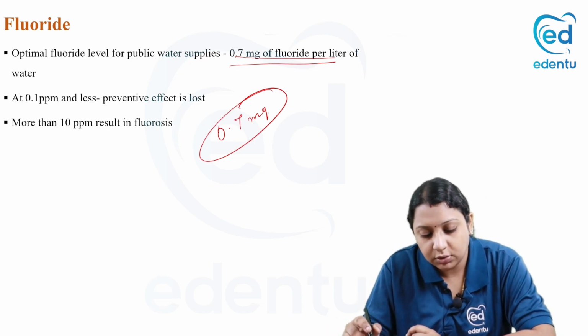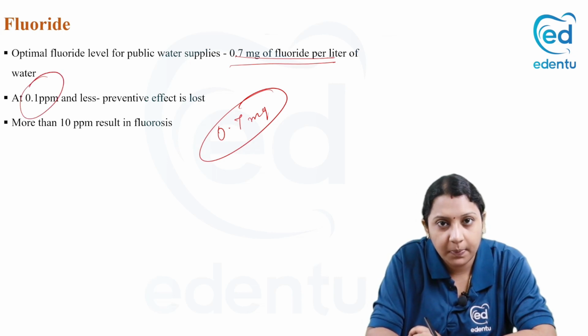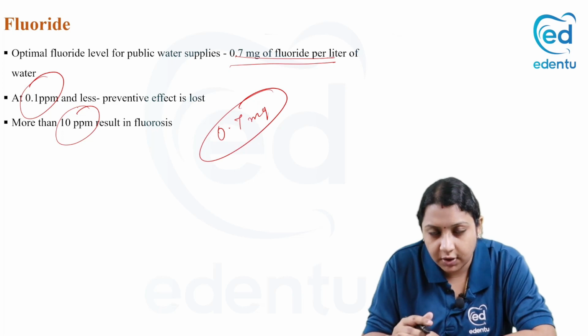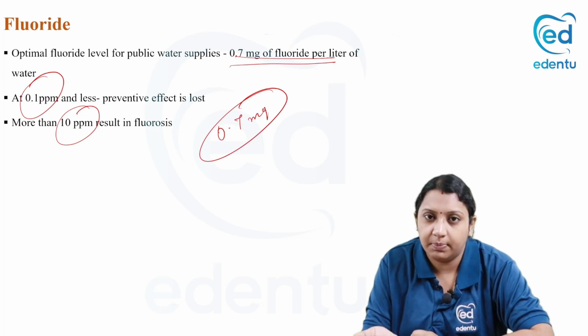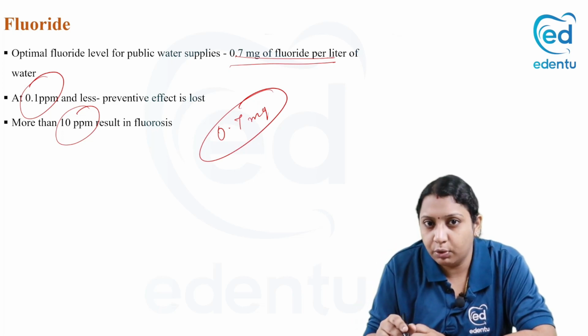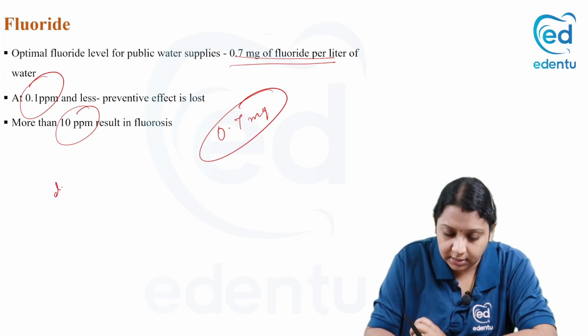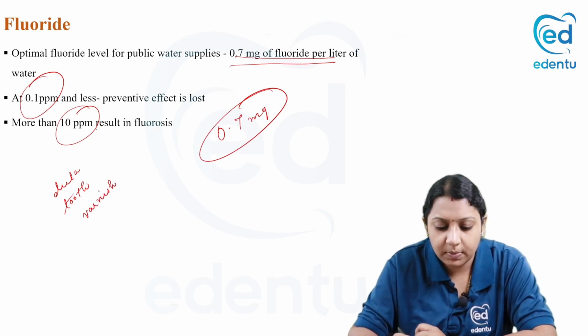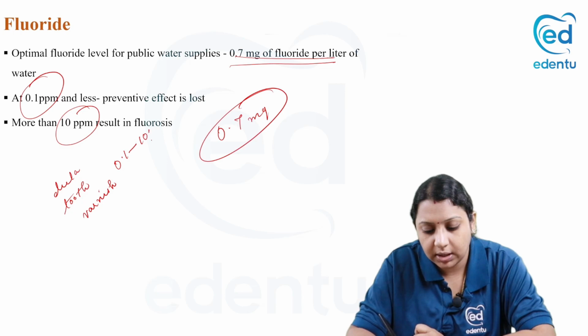And the other two values we need to remember are 0.1 ppm and 10 ppm. It should not be less than 0.1 and it should not be more than 10 ppm in any of the other fluoride measures, like a dietary measure or a toothpaste or a varnish or whatever it is applied. It should be within this limit, 0.1 to 10 ppm.